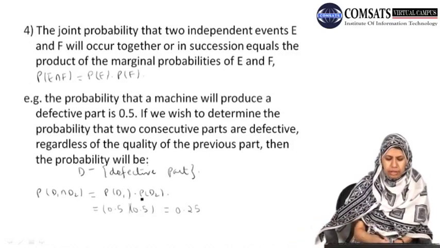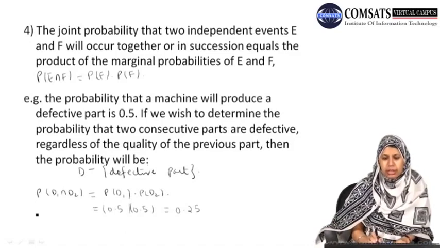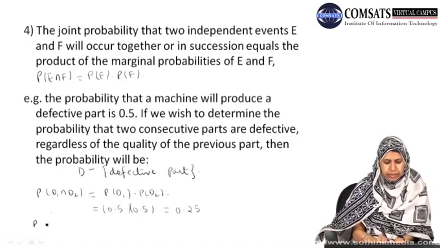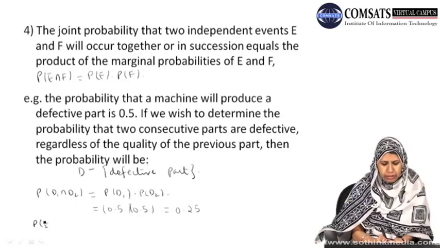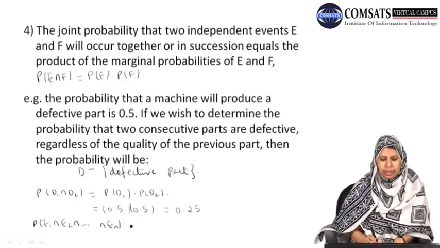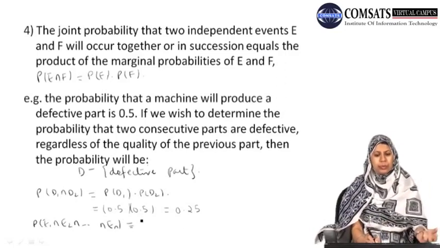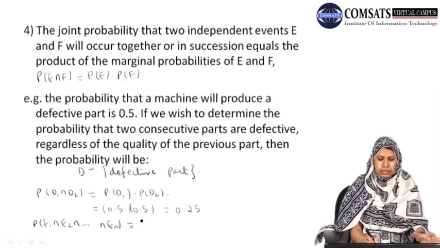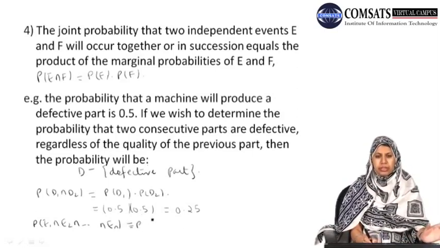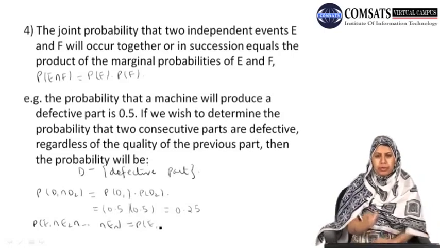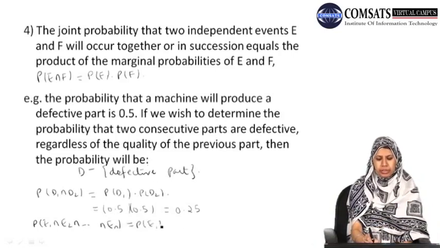And if we have n independent events, let's say events E1, E2 and so on up to En, which occur together or in succession, then the probability of these events will be the product of their marginal probabilities.